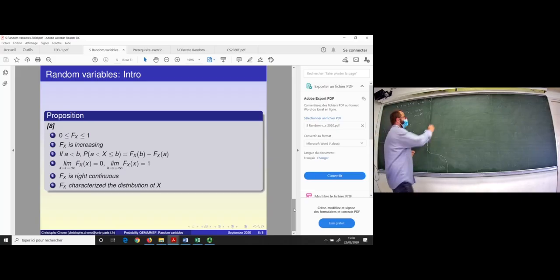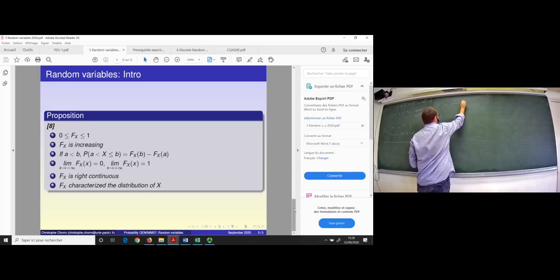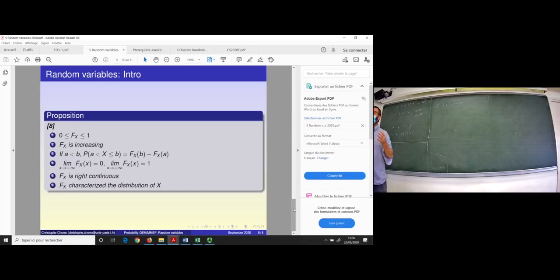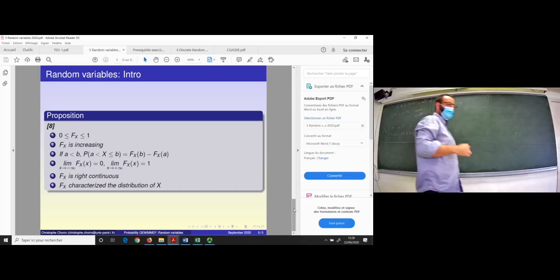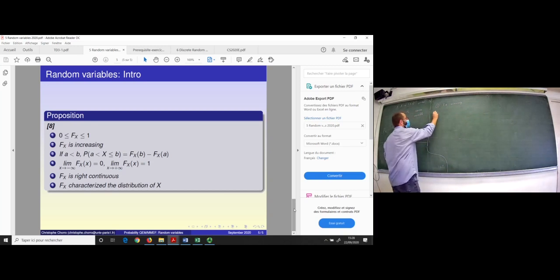Okay. So let's prove that F is increasing. Not necessarily strictly increasing, but increasing. So to prove this, what do I have to prove?